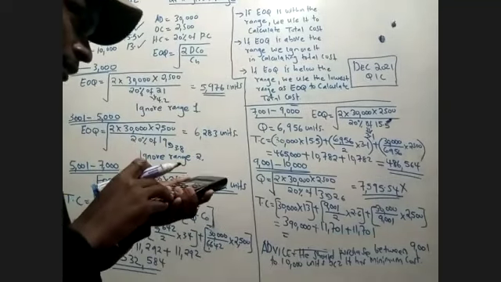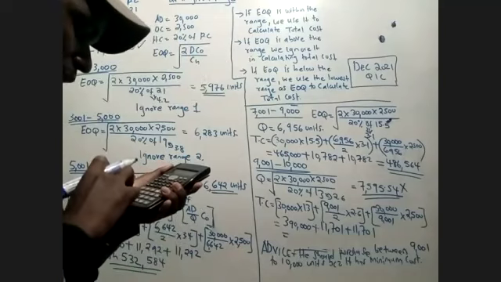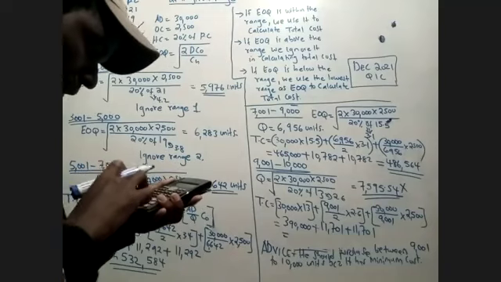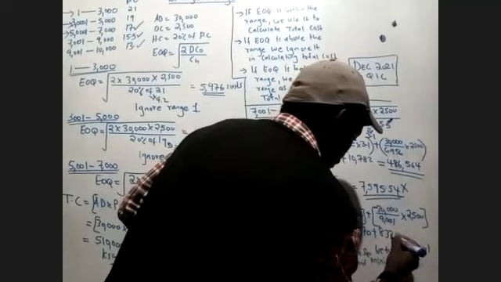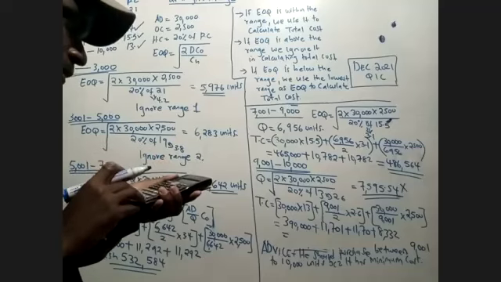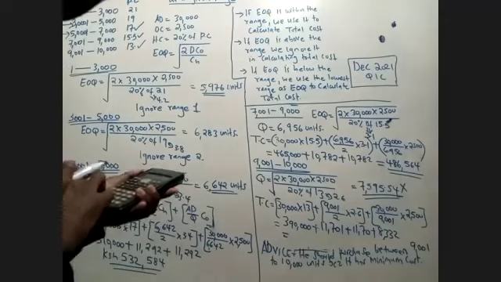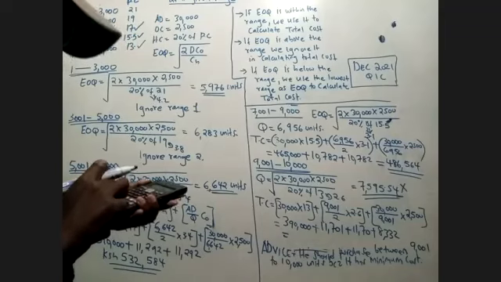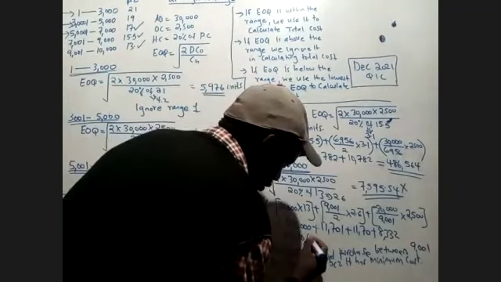So 30,000 divided by 9,001 times 2,500, we get 8,332. Then 9,001 divided by 2 times 2.6 again. Okay, we add them: the 390,000 plus 11,701 plus 8,332. So that will go to 410,033.